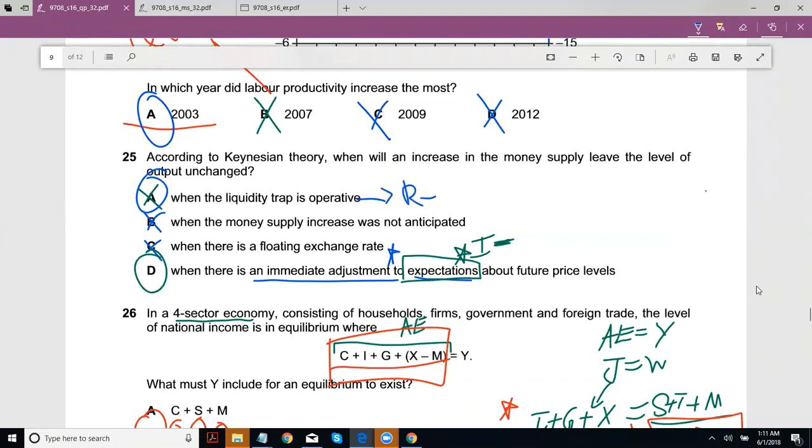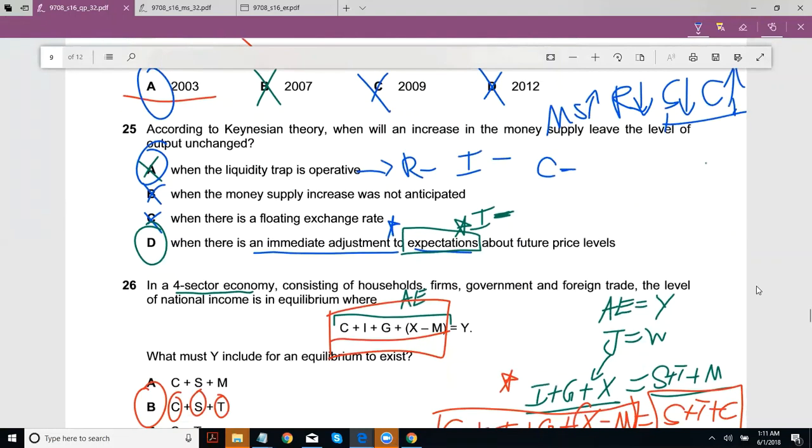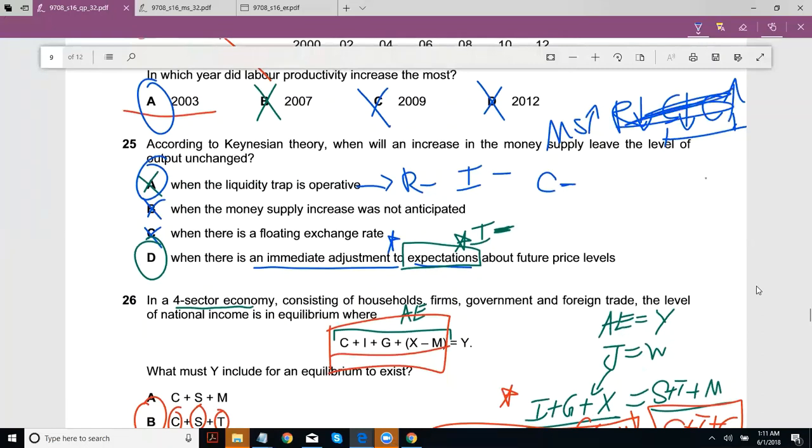If interest rates do not change with an increase in money supply, then investment won't change and consumption won't change, because the reason consumption used to increase with an increase in money supply was that it used to decrease interest rates, which used to decrease the amount you save, and so you used to consume more because you have a fixed amount of disposable income. That doesn't happen anymore because interest rates do not change.